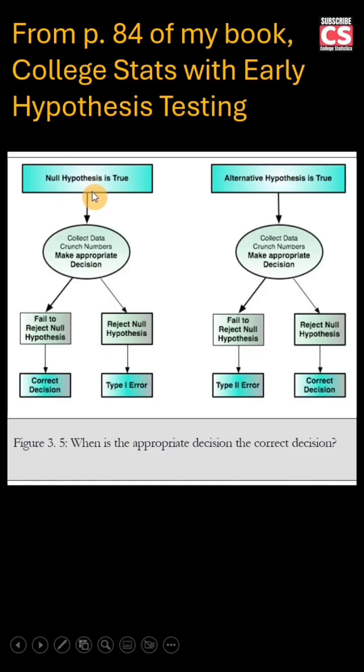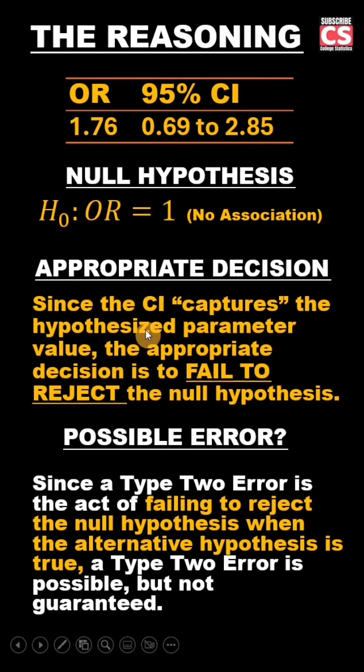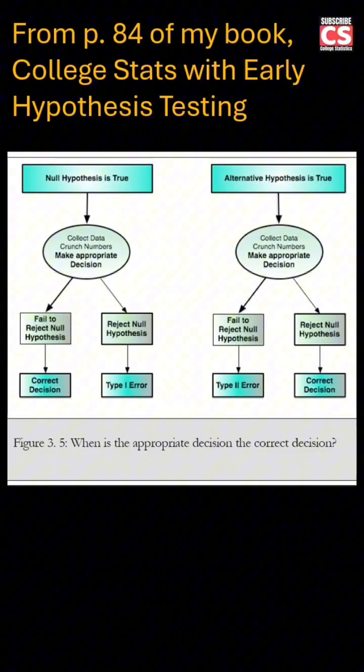But if the null hypothesis is true, and we collect the data, and we crunch the numbers, and we make our appropriate decisions, well, we have two possibilities. We can either fail to reject the null hypothesis or reject the null hypothesis. But in this problem, the appropriate decision was to fail to reject the null hypothesis.